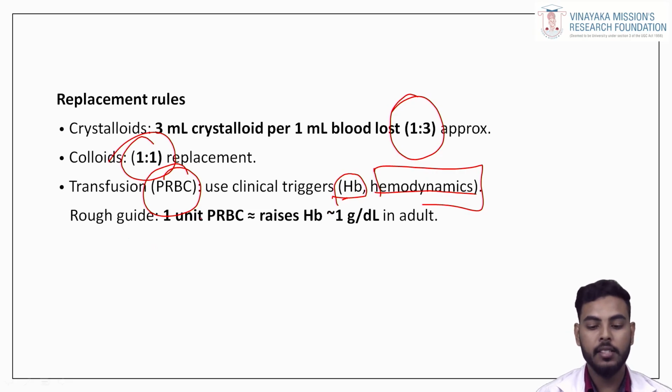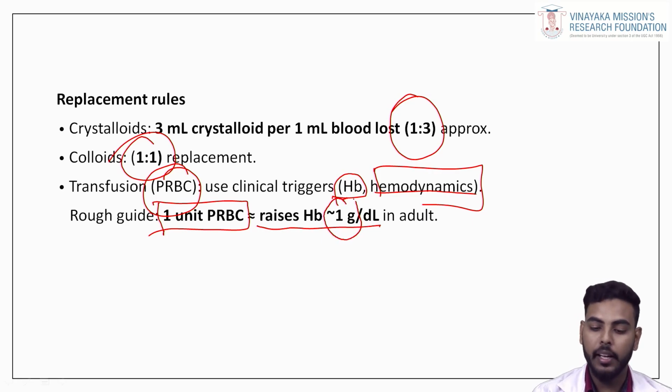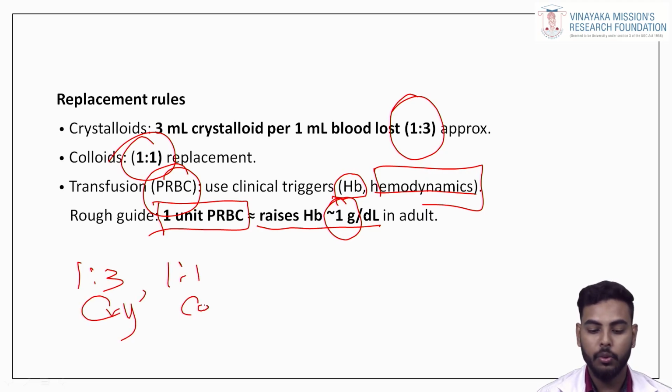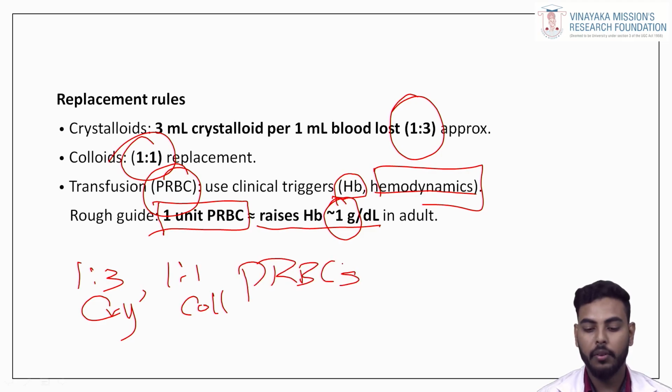So a rough guide here is, when we administer 1 unit of packed red blood cells, it raises the hemoglobin by 1 gram in the adult. So remember this in the replacement rules: 1:3 for crystalloids, 1:1 for colloids, and for PRBCs, when we transfuse 1 unit, approximately 1 gram of hemoglobin will be raised.